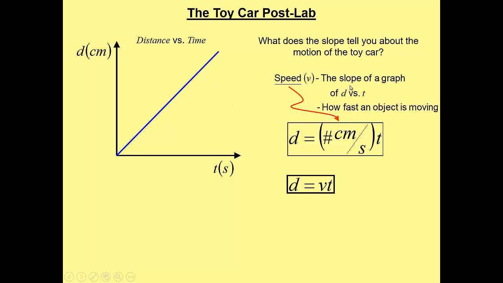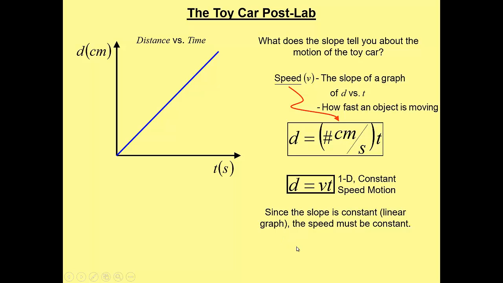And since we just defined the slope of this distance-time graph to be the speed, that means this is an equation for one-dimensional constant speed motion. Since the slope is constant, the speed has to be constant. So don't get overexcited about this math model, because it really only applies to a very specific motion, which is one-dimensional, straight lines, or something we can approximate to straight lines, where the speed doesn't change.